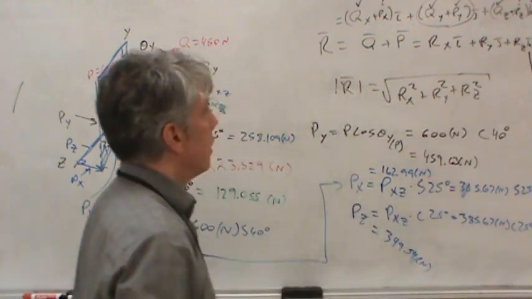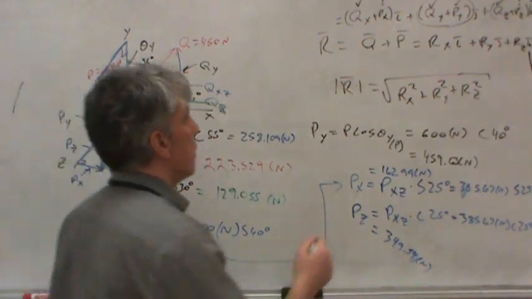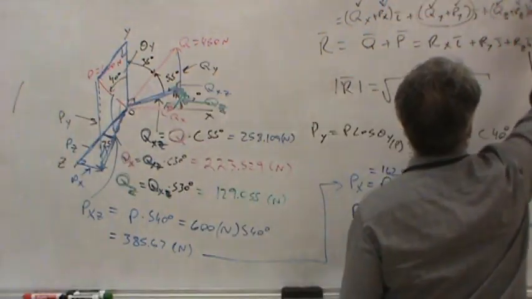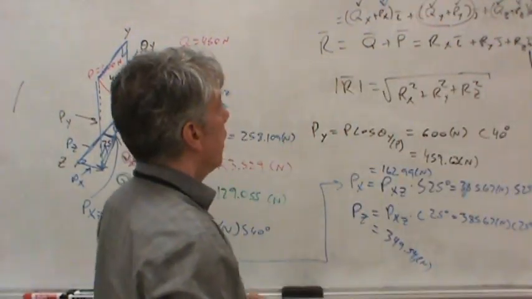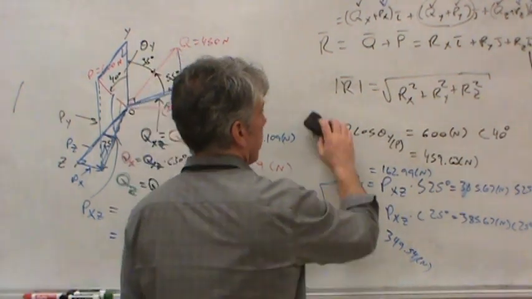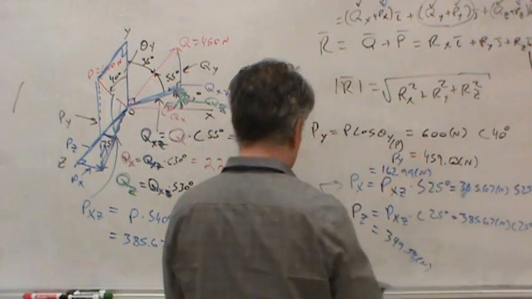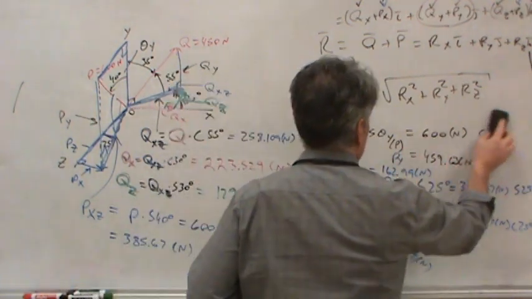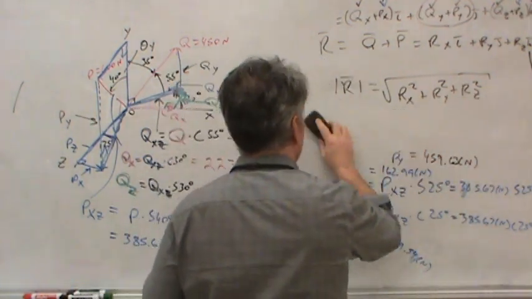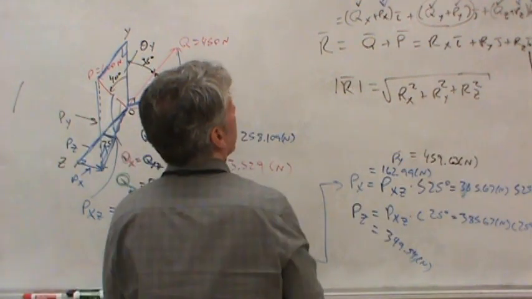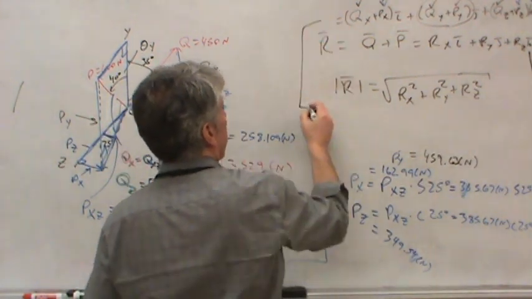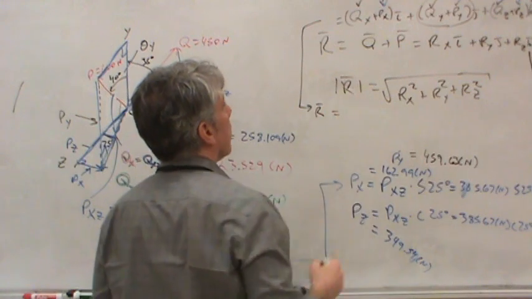Thank you. So now we have everything that goes into the equation, right? We've got PX, PY, PZ, QX, QY, QZ. And so now we can calculate the magnitude of the resultant. Let me make a note. This is PY. There we go. And then, let's go from here and figure out what the vector R looks like.